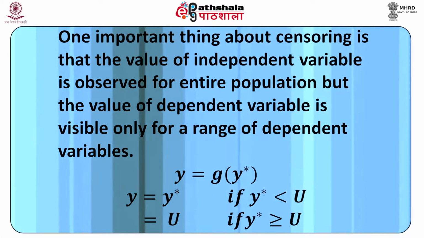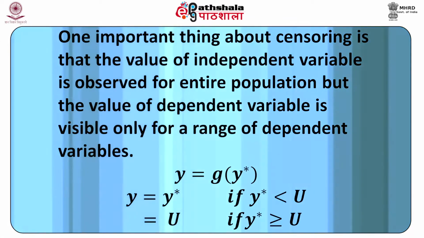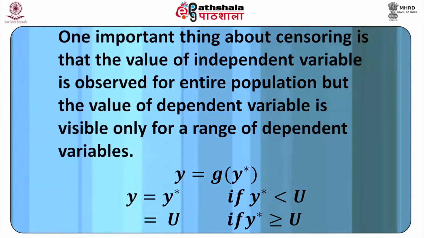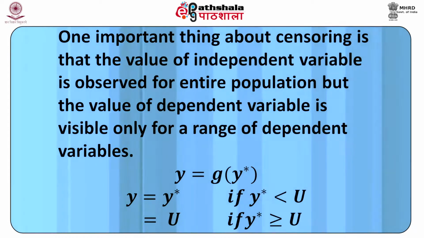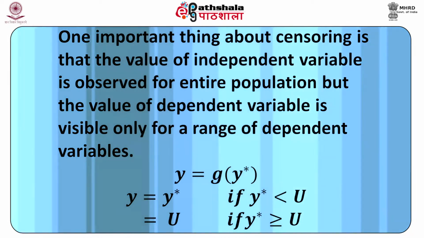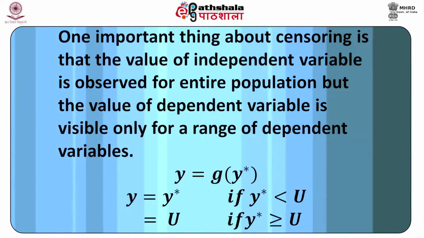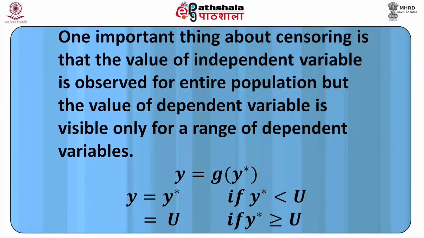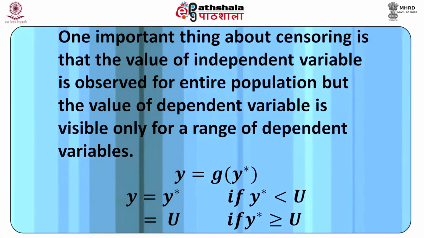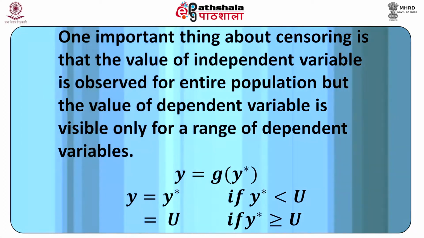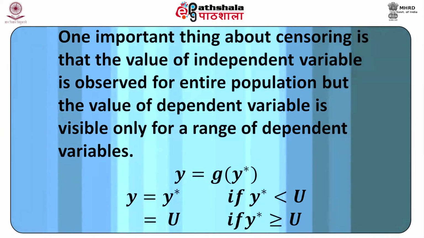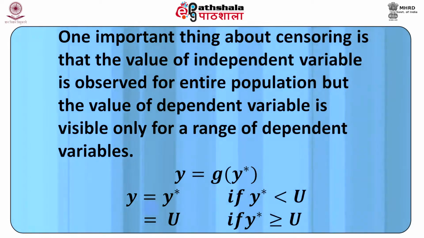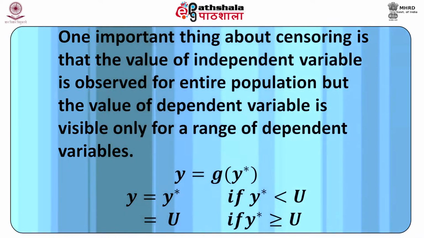Now, one important thing about censoring is that the value of the independent variable is observed for the entire population, but the value of the dependent variable is visible only for a range. For example, y is a function of y star, where y is equal to y star if y star is less than u, and is equal to u if y star is greater than or equal to u.